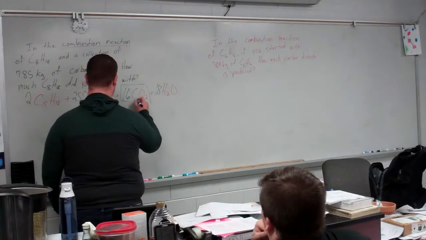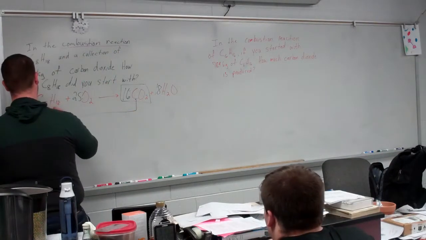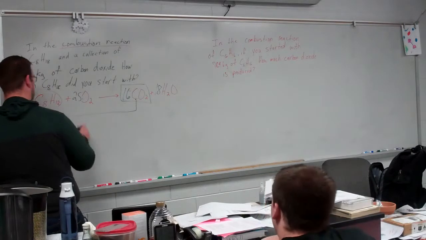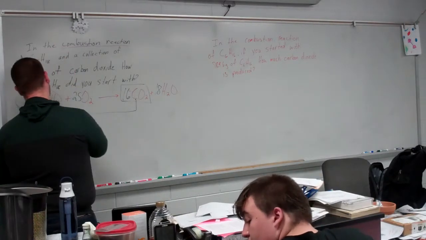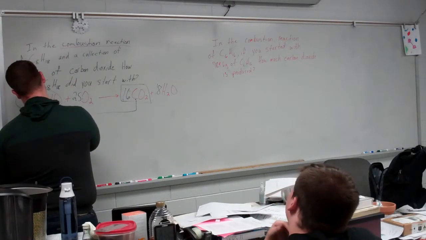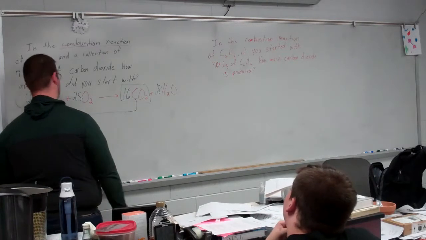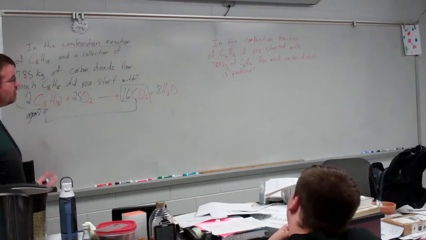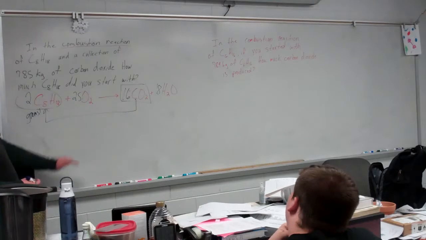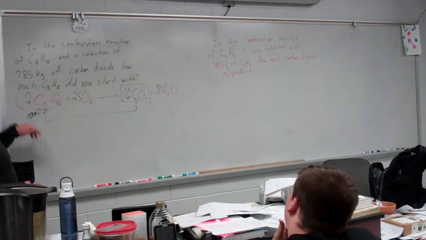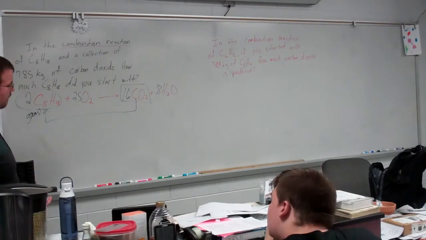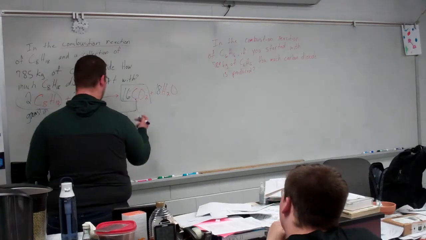I'm trying to go from here to here, and I'm trying to find this in grams. So the whole key to this is starting point, end point, and how we're going to get there. I'm starting in grams here.